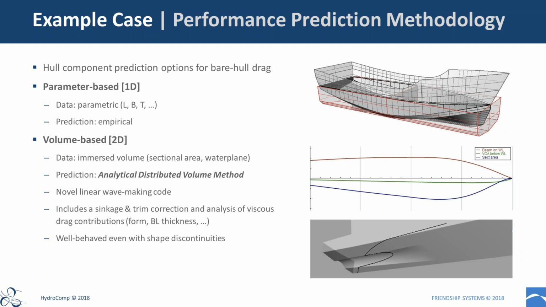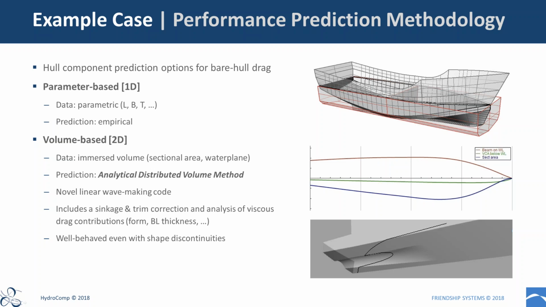A parameter-based one is one that most people will be very familiar with, very popular methods that might be based on systematic series or random data methods, where the data is in a one-dimensional parametric form: a length, a beam, a draft, displacement, max section area, longitudinal center of buoyancy, for example.